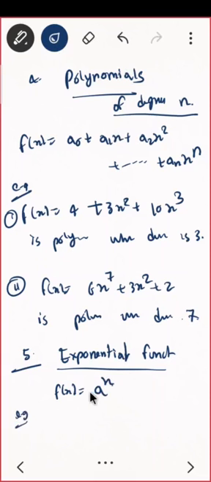For example, f of x equal to 2 into 2 raised to x. This is an exponential function, correct? Here x is not the base, x is in the exponent, so that's why it is called an exponential function. A function of x is in the exponent. You can take f of x equal to 2 raised to x square plus x plus 1. This is also an exponential function, correct?